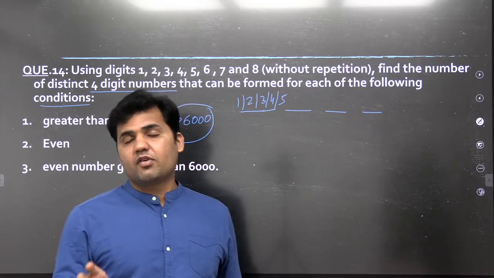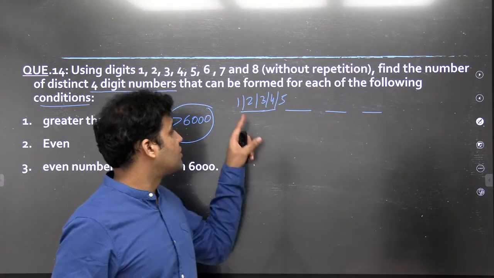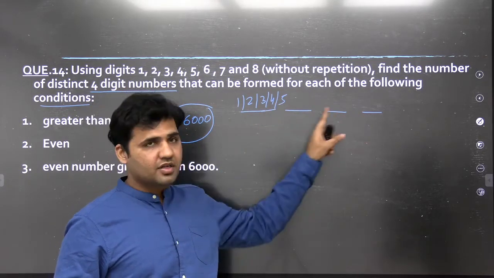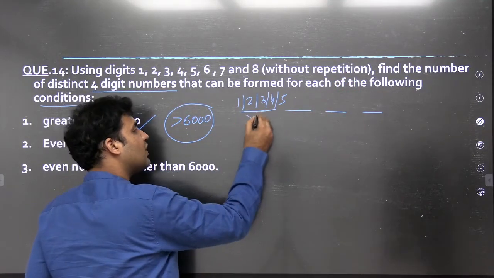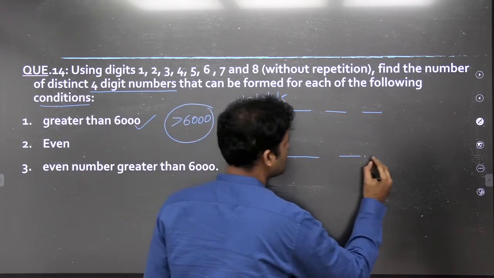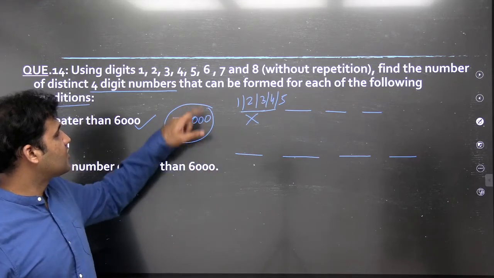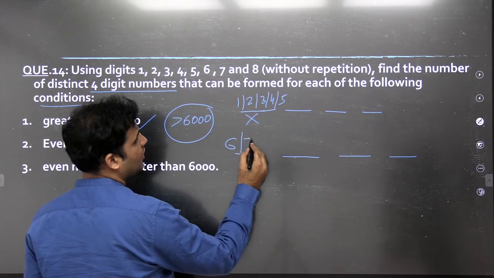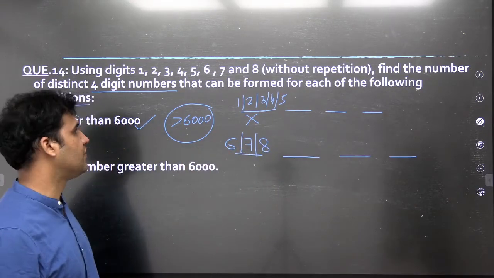A 4-digit number will be more than 6,000 if it starts with the digit 6 and is not followed by all three zeros, because there is no repetition of digits. So you cannot place 1, 2, 3, 4 and 5 at the first position, because the number needs to be more than 6,000. So the possible digit for the first place will be either 6 or 7 or 8. So this place can be filled in three ways.